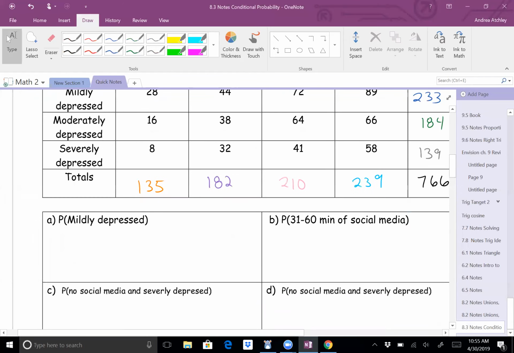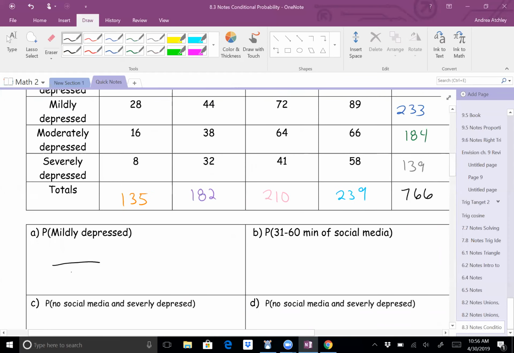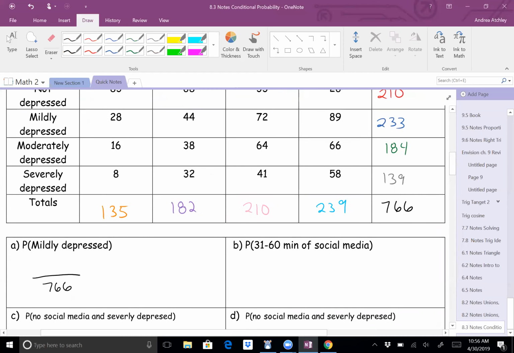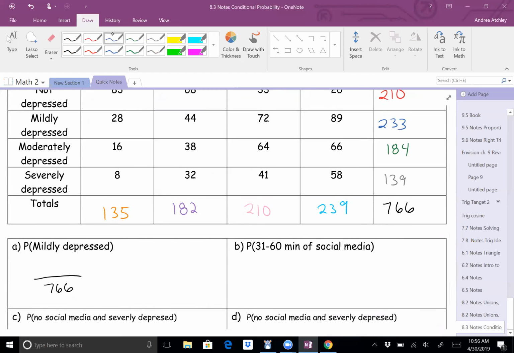So the first thing is, out of everybody I surveyed, what's the probability of me picking a random person that is mildly depressed? That's 766 people I surveyed. Of the people I surveyed, 233 said they were mildly depressed.